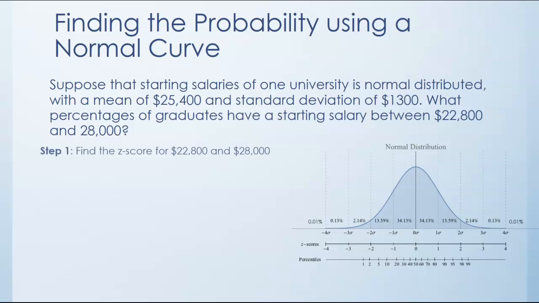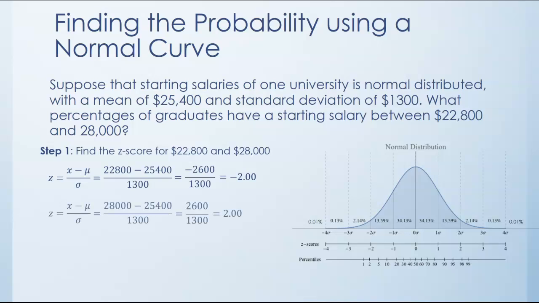So what we're going to do here is find the z-score for both of these, for the 22,800 and the 28,000. So the 22,800 is going to give us a z-score of -2. And we already know that the 28,000 from our previous example gave us a z-score of +2.